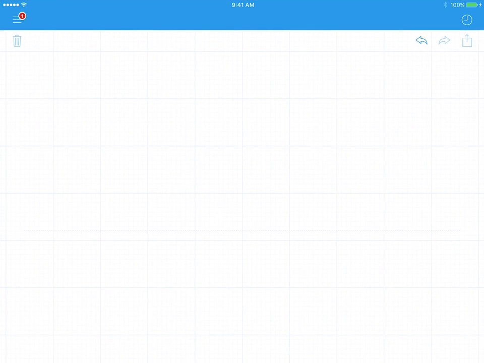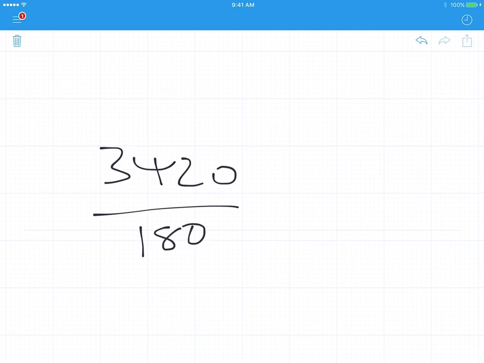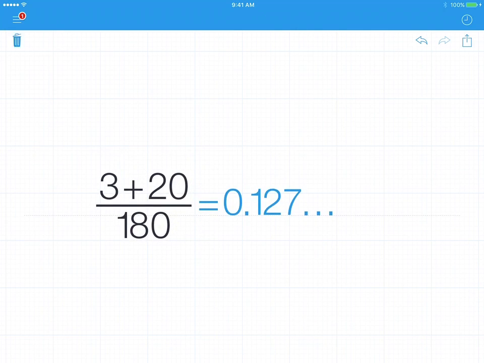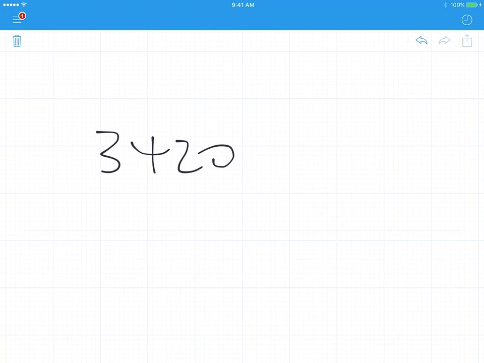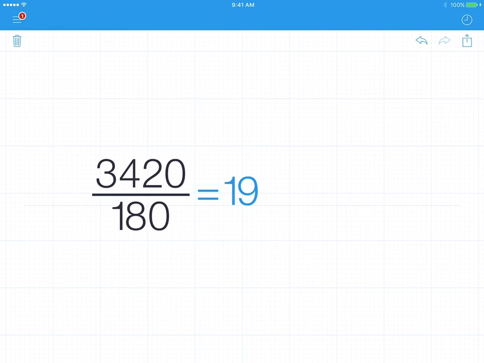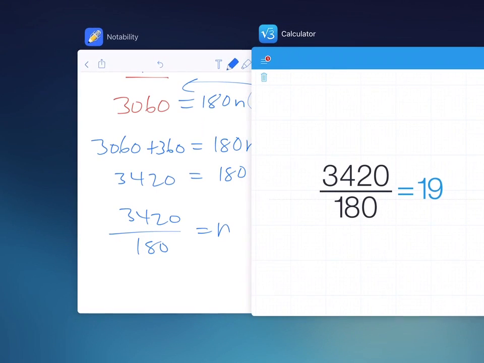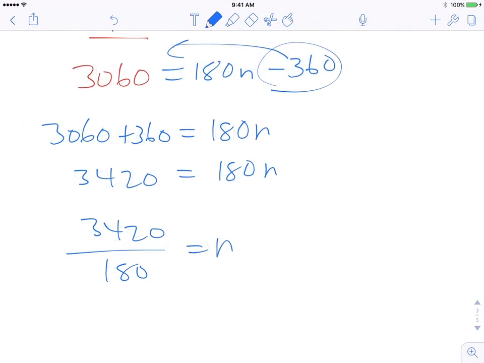But let's try that. 3,420 divided by 180 is 19. All right, I stand corrected. So n equals 19.